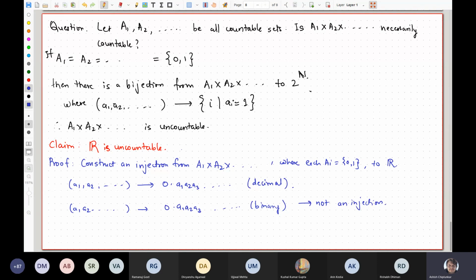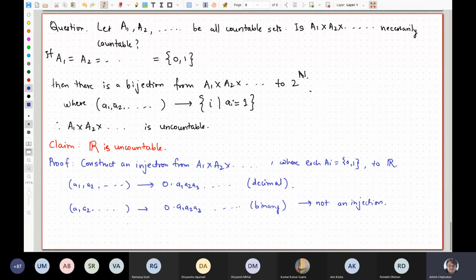If we interpret the number as a decimal number, then it is an injection, but if we interpret it as a binary number, it's not an injection. Divyansh? It's similar to what happens in decimal, where 0.999... and 1 are the same. Perfect, very nice.